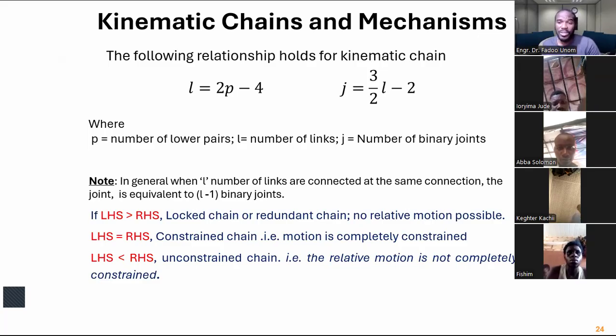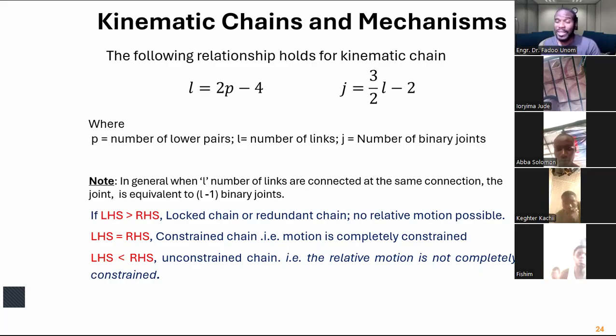The first equation says L equals 2p minus 4, where L is the number of links in that kinematic chain, and P is the number of lower pairs. Remember, we define lower pairs as pairs in which the two links are connected such that they have surface-to-surface contact. Examples of lower pairs: spherical joints are lower pairs, revolute joints are lower pairs, screw pairs are lower pairs.